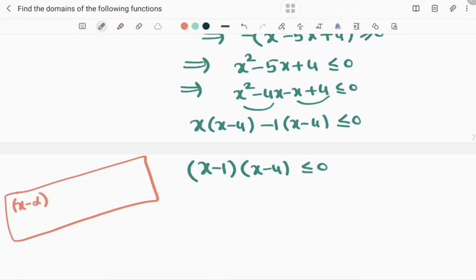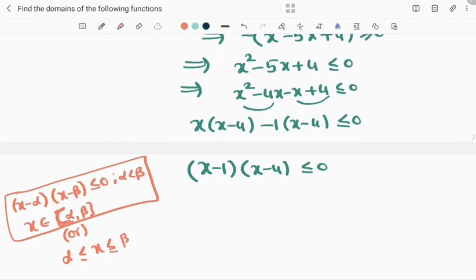X minus alpha into x minus beta is less than or equal to 0 when alpha is less than beta. X belongs to closed interval of alpha comma beta, or we can write like this, instead of writing x belongs to, you can write as alpha is less than or equal to x is less than or equal to beta.